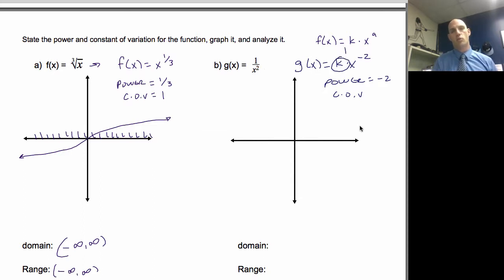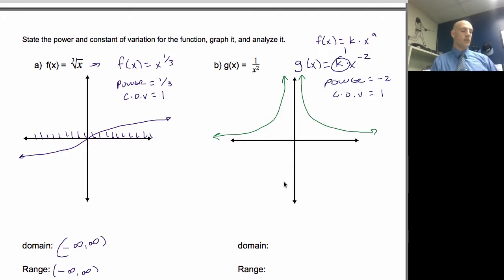Well, this is 1, so my constant of variation is 1. If I graph this, it looks like this. Okay, my graph looks like this.